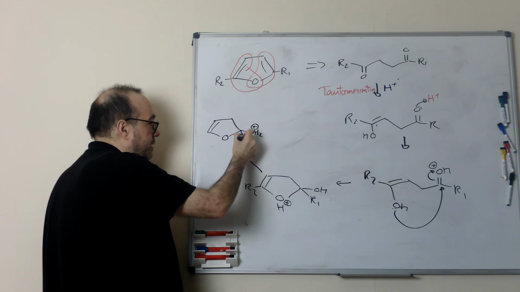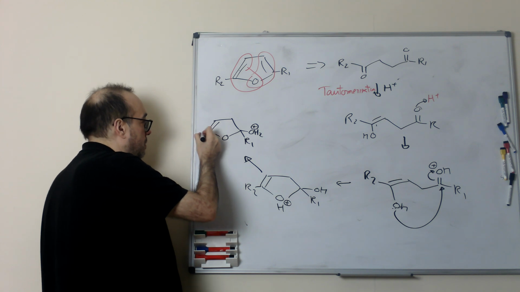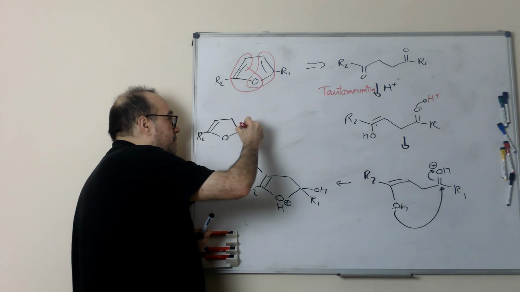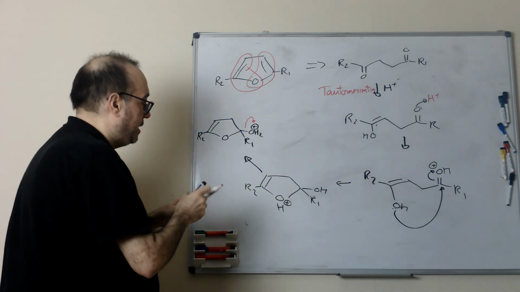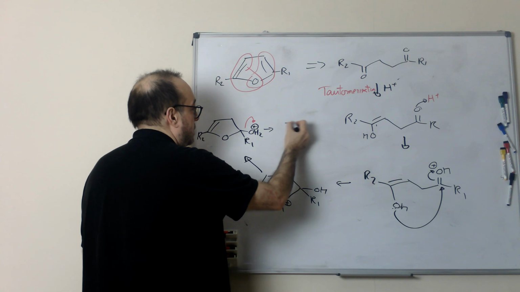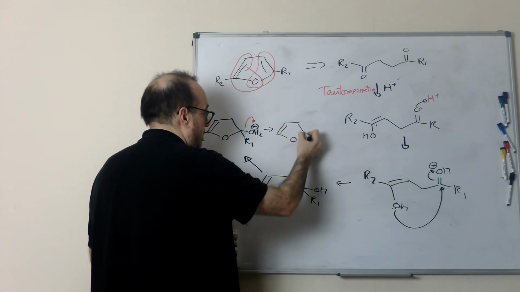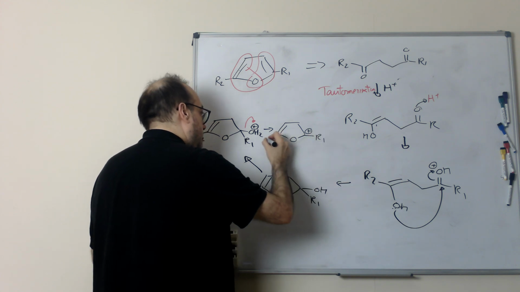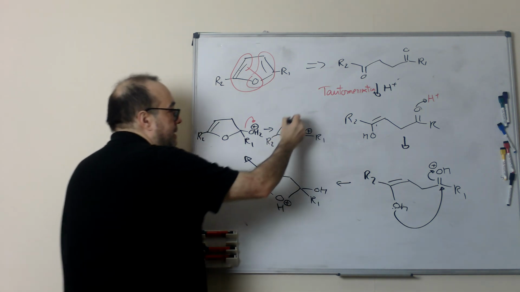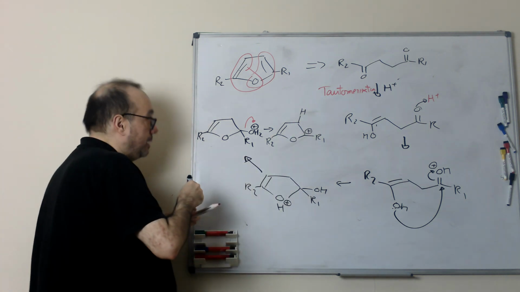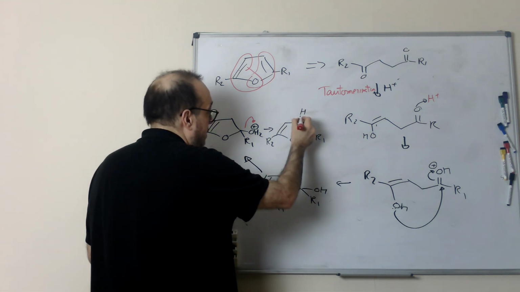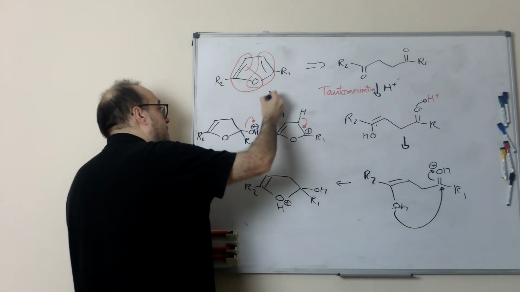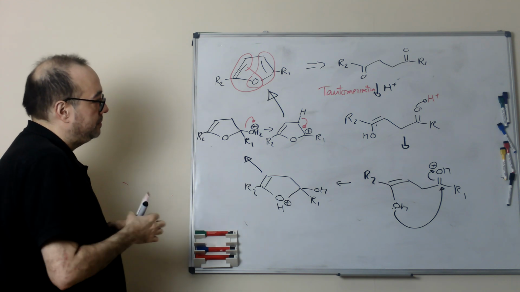we generate water here, water is leaving, and what we have is a carbocation here, and then simply elimination of this to gain the aromaticity, and what we get is the final compound.